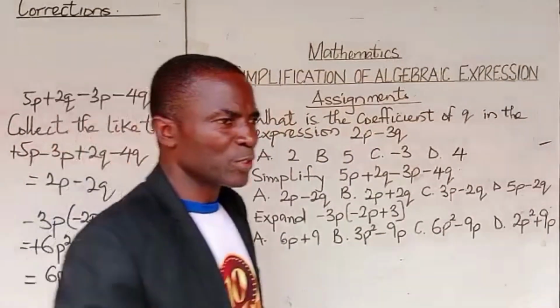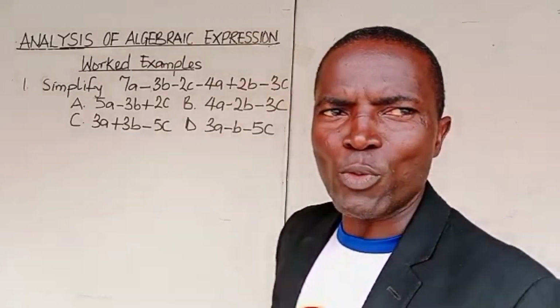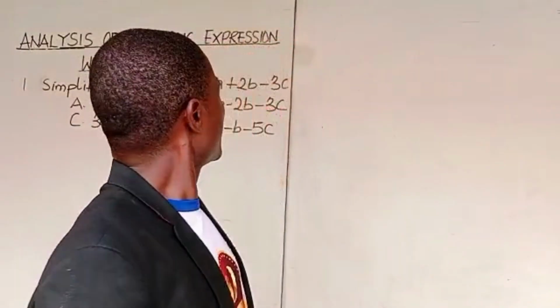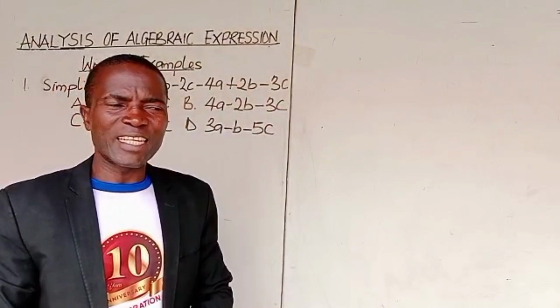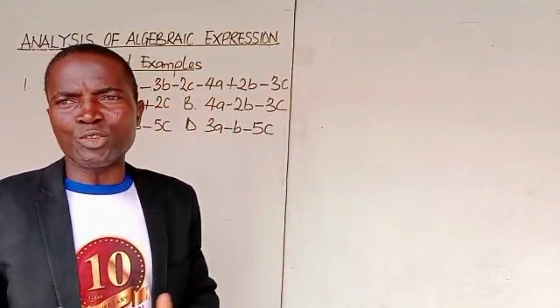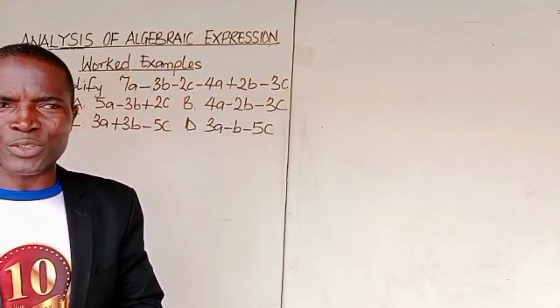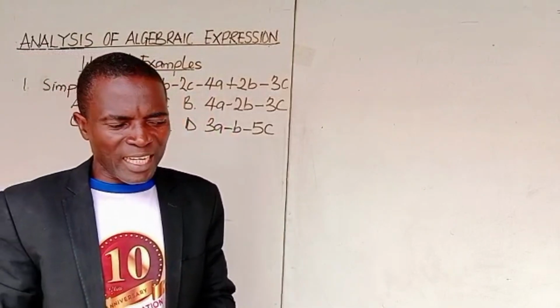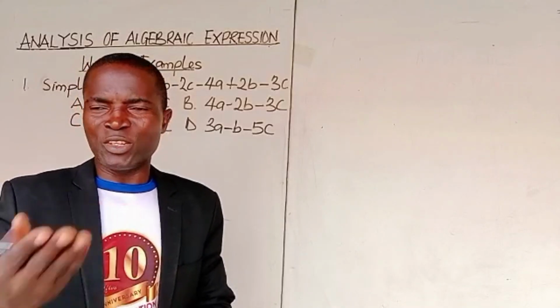That is very good. Now we want to go into today's topic. The topic we are considering today is analysis of algebraic expression. This topic is a little bit higher than that of simplification of algebraic expression. It's just like when you are climbing a staircase. You move from one step to another step.